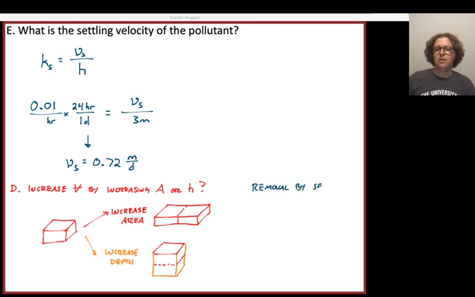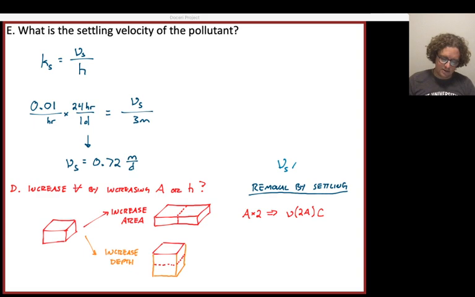Does that have any bearing on removal? Well, let's take a look at what happens in that term. We know that removal by settling is fundamentally settling velocity times area times concentration. So when we double the area, as we've done with the red pen, we're doubling the removal.